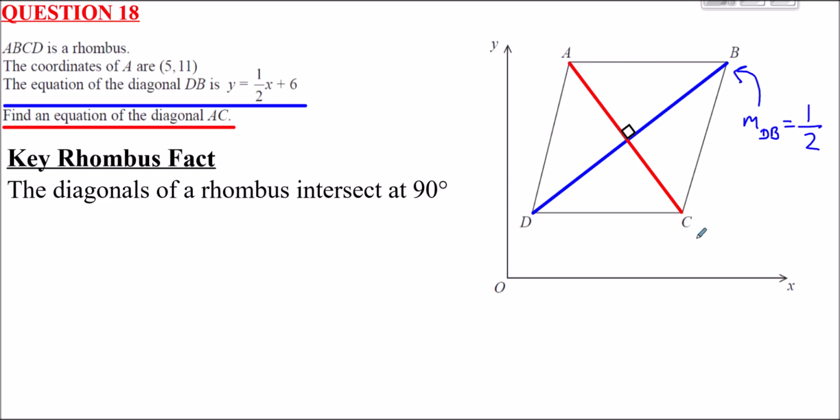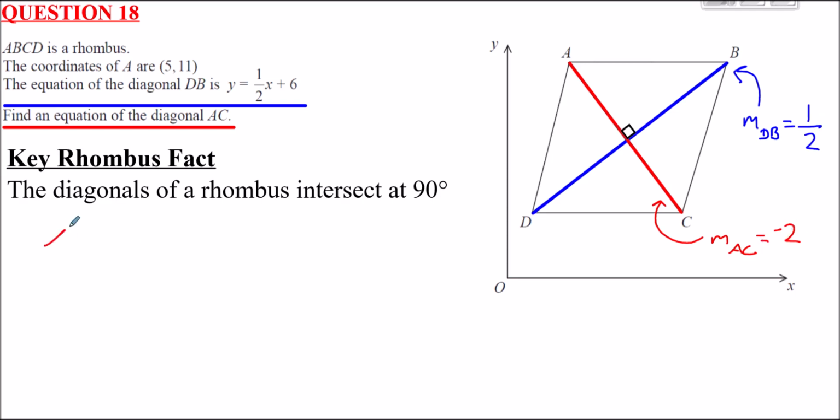So the gradient m of a diagonal from A to C is going to be the negative reciprocal of a half. So -1 divided by a half, or just flip this on its head and stick a negative sign in front, 1 over 2, change it to 2 over 1 and make it minus. The gradient of AC is -2.